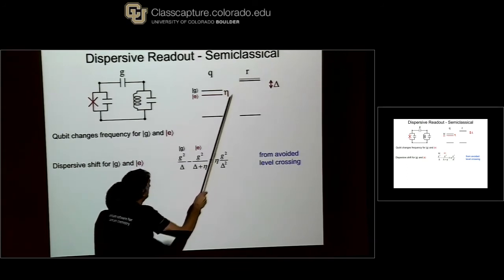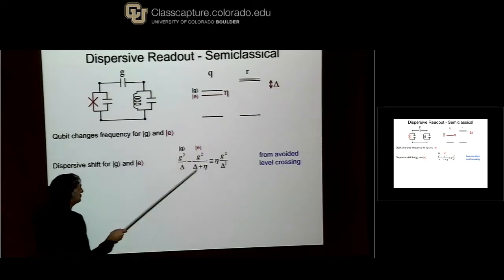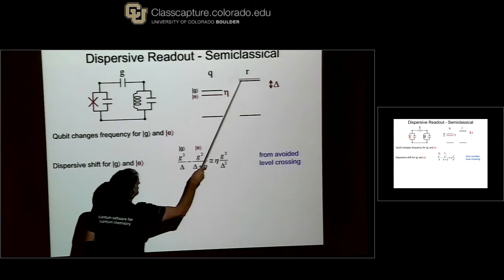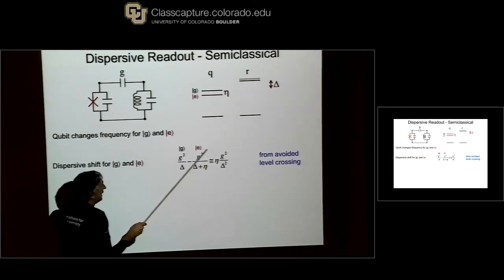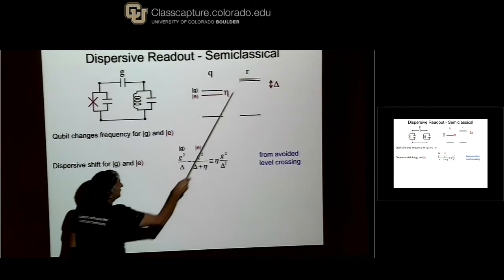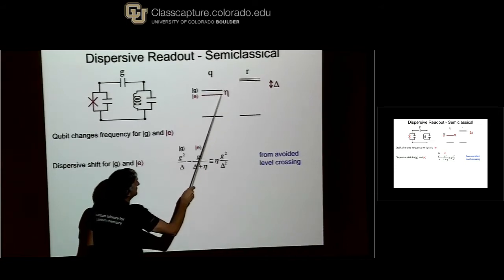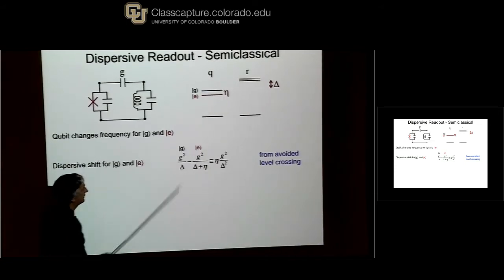It gets level repulsed. For the ground state, it's just G squared over delta, because the frequency difference is from here to here. But for the excited state, it's G squared over delta plus eta, because this is a little bit different frequency here.